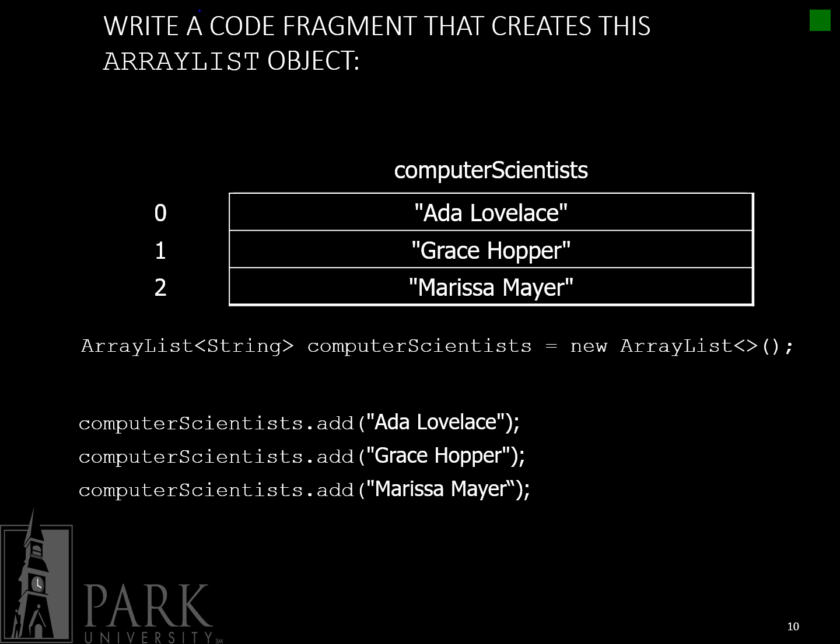So here you can see we've declared our computer scientists, right, it's an array list that holds type string. And then here you can see we just walk through and we're adding strings to the computer scientists array list. Pretty simple, right?